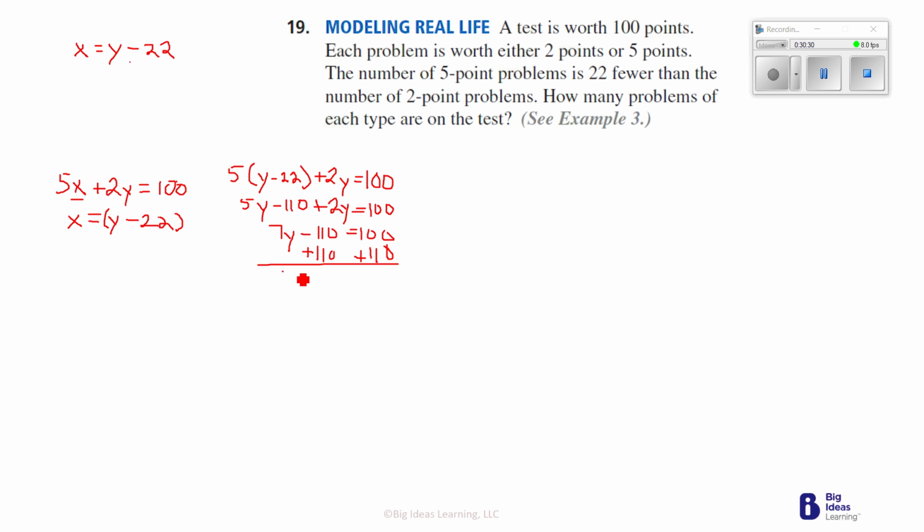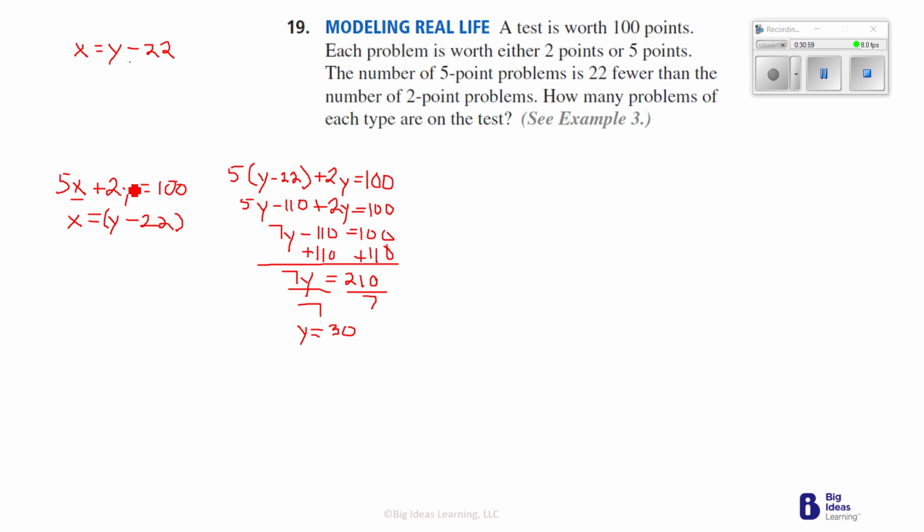To combine our like terms and get our y isolated to this side by itself. This will equal 210. Sorry, I don't know where I got 2100 from. 210. Now I'll divide by 7. And y has to equal, well, 210 divided by 7 is 30. So now I know y is 30.